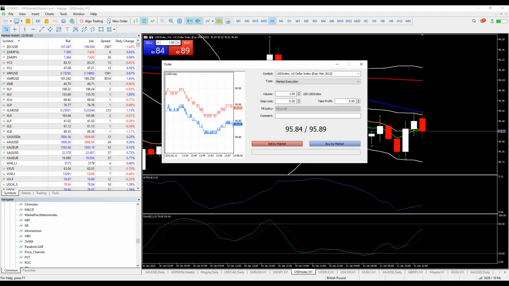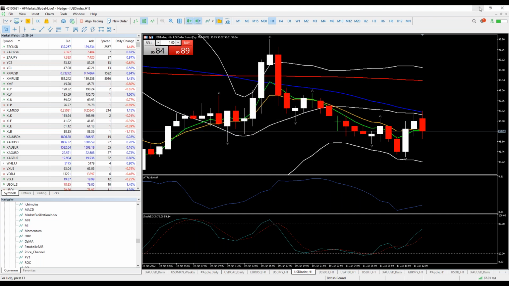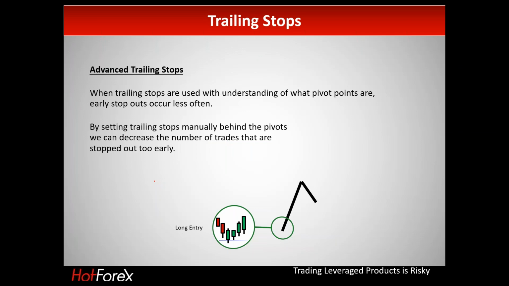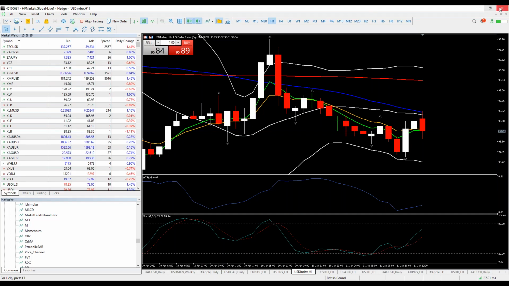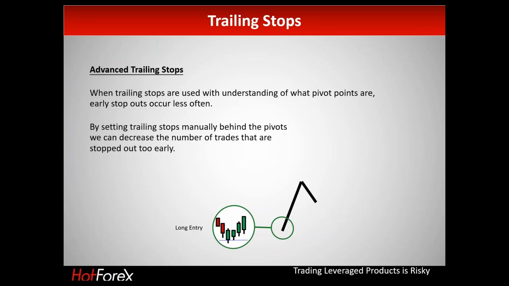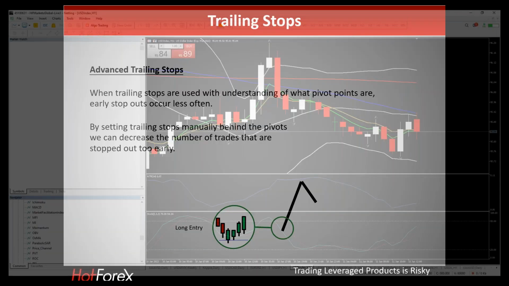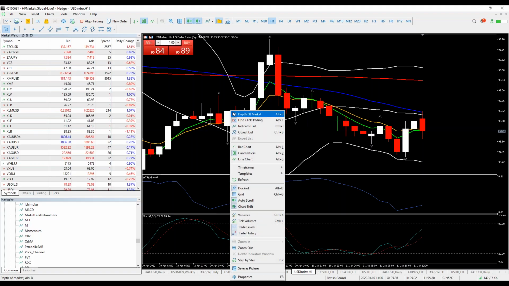Let's try MT4, because I haven't put money in this demo account. Come on.